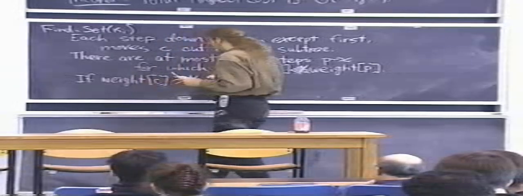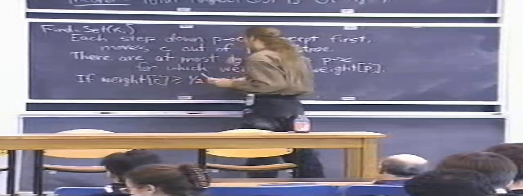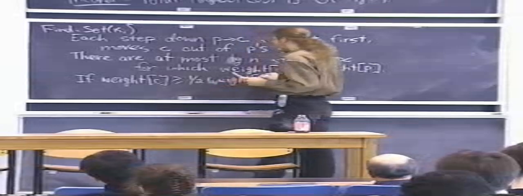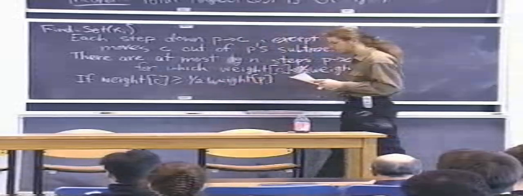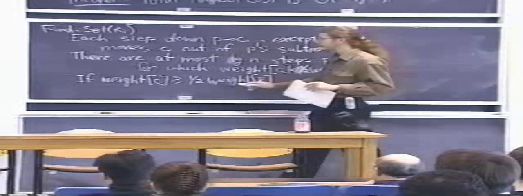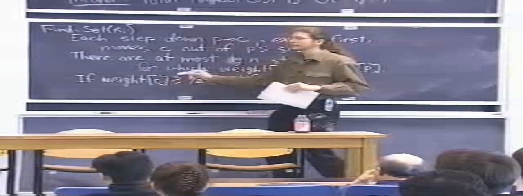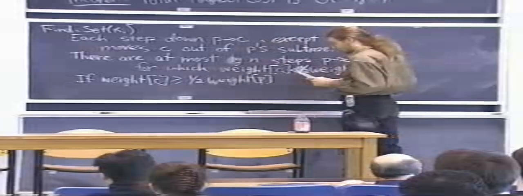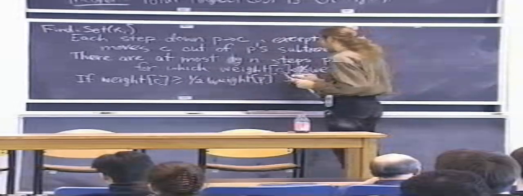So if the weight of my child is at least half the weight of the parent, it might be the entire weight minus 1. Okay, it might be really big. Well, then I'm doing something good because I'm decreasing the weight of P by this much because I'm taking C out of P's subtree.